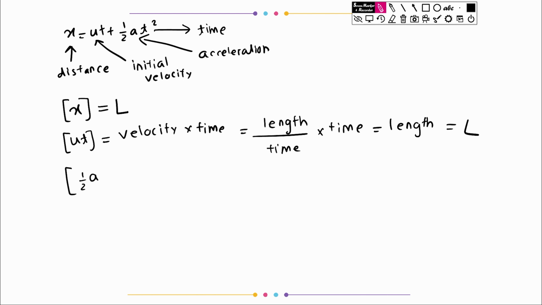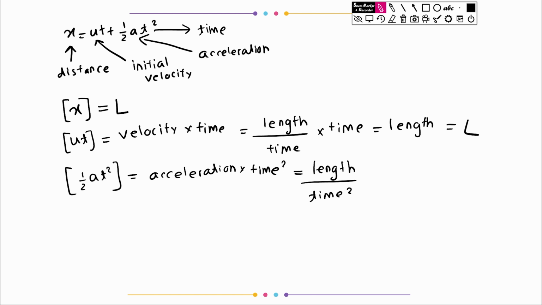Then comes the third part, that is half at square. Now half is a number, so it has no dimension. So we can write acceleration cross time square. Now already we have learned acceleration is velocity divided by time and velocity is length by time. So rearranging, we can write the equation as length by time square into time square.